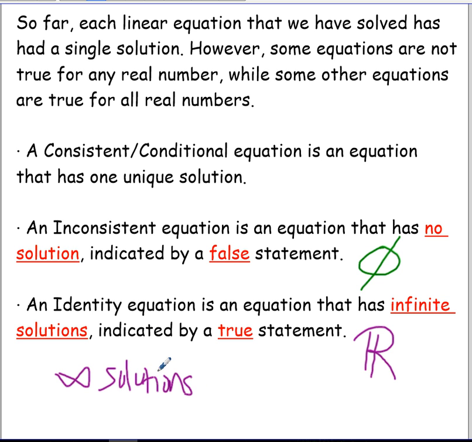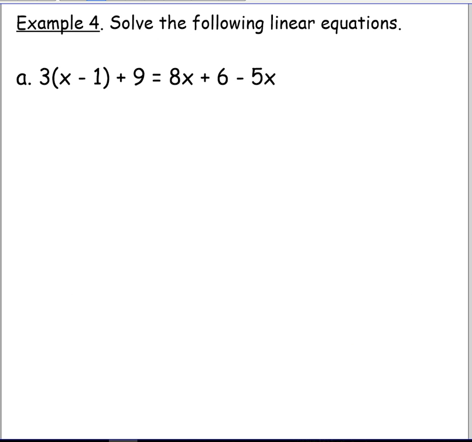Let's take a look at a couple examples that show those two different ways that we can get an answer when it doesn't come out to just one specific number. And so for this example, we're going to start solving it just like we would any other, which means we need to start off with distributing. So we'll get 3x minus 3 there. Bring down our plus 9.